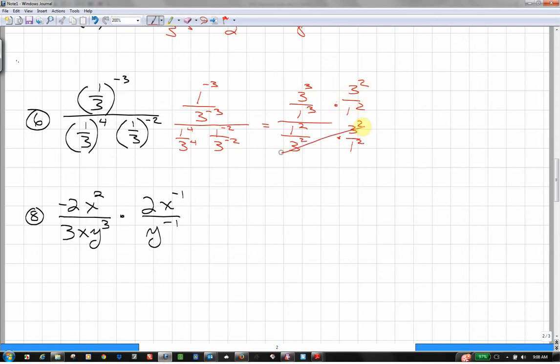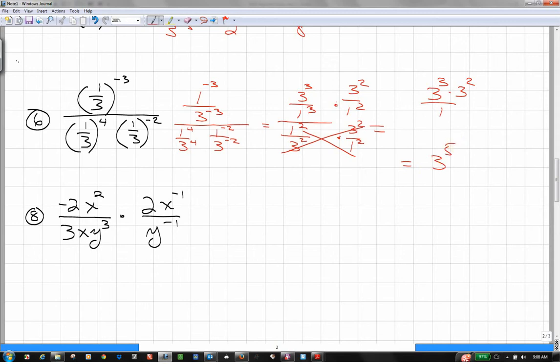So my denominator becomes 1, and my numerator becomes 3 cubed times 3 squared all over 1 cubed times 1 squared. 1 cubed is 1, 1 squared is 1, so that would just be over 1. So what I'll have now is the 1 as a denominator. That's just going to be 3 to the 5th.